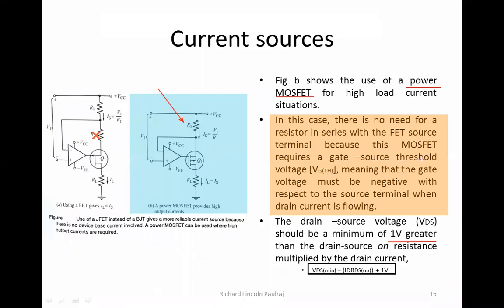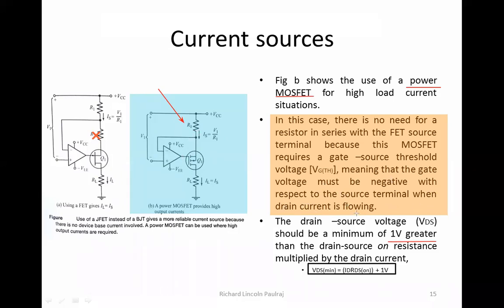It requires a gate to source threshold voltage, which means the gate voltage must be negative with respect to the source terminal. Why negative? Because we are giving a higher potential here at VCC. Higher potential is coming down, and if I check the gate voltage with respect to the source voltage, it should be negative when the drain current is flowing.